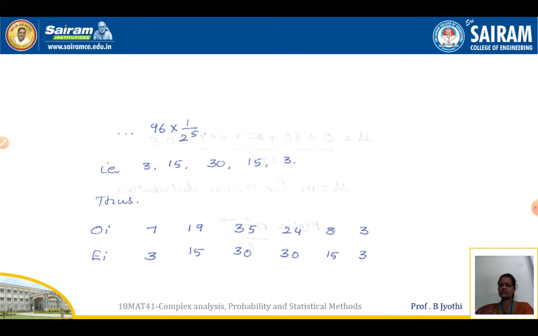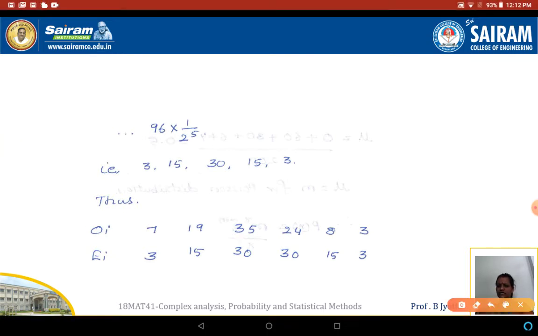So the observed frequencies are given as 7, 19, 35, 24, 8 and 3. And the expected frequencies are 3, 15, 30, 30, 15 and 3. So this has been calculated by using the binomial distribution formula, nCr into p power r q power n minus r.